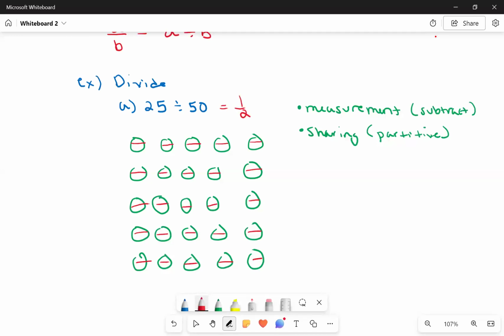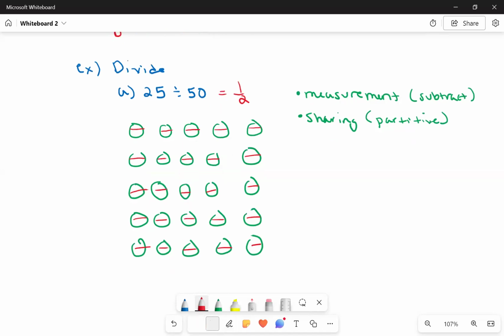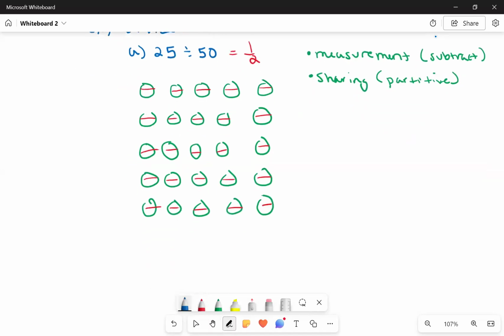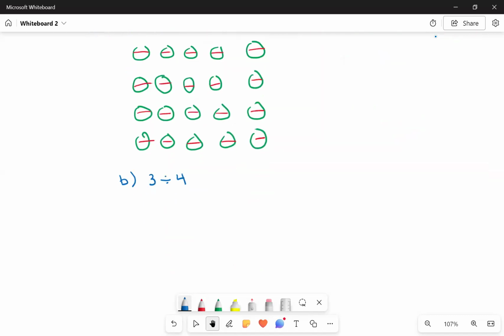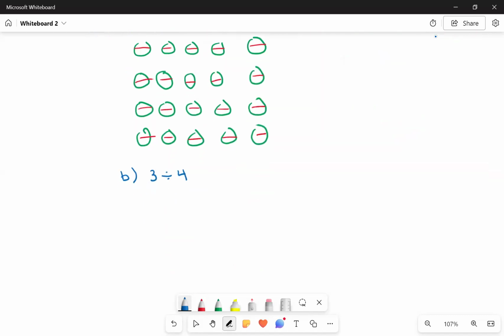Okay. There is another way of thinking of this, and it's kind of using the partitive way, dividing it up. So this time I'm going to work with something a little bit smaller, like 3 divided by 4. Here's how we could do this. If we have 3 things, I'm going to try to draw a rectangle that represents three distinct things.